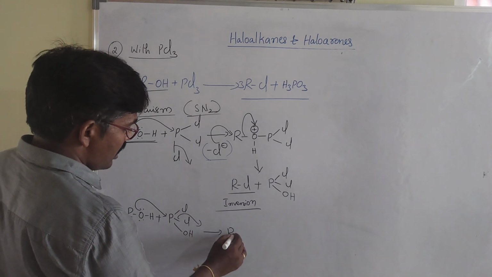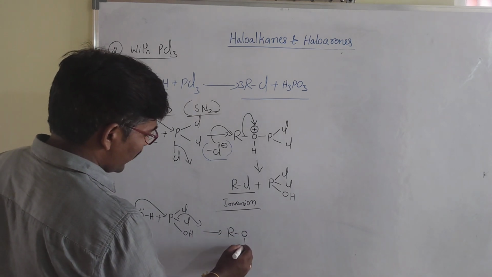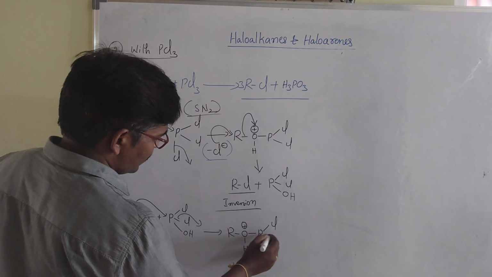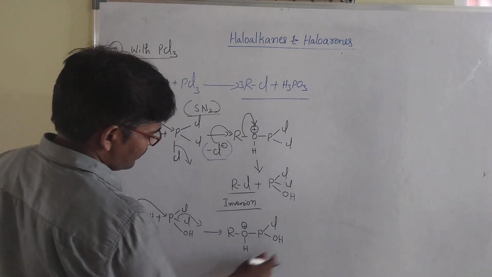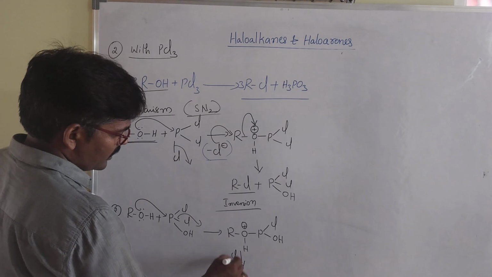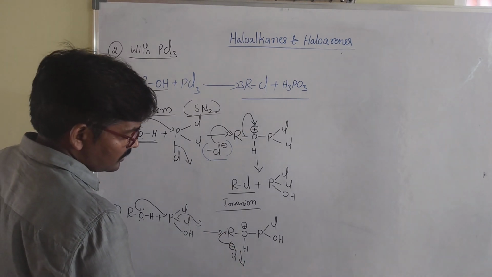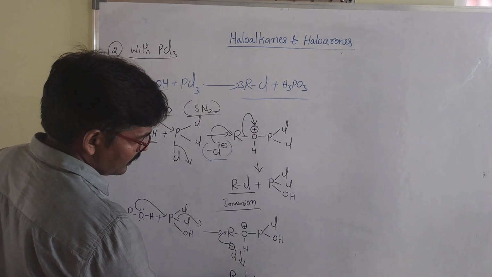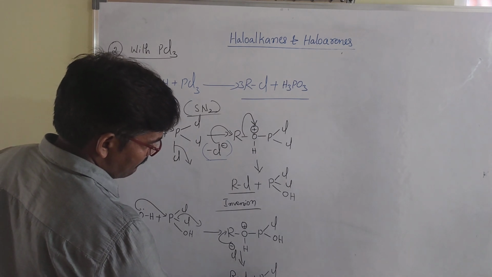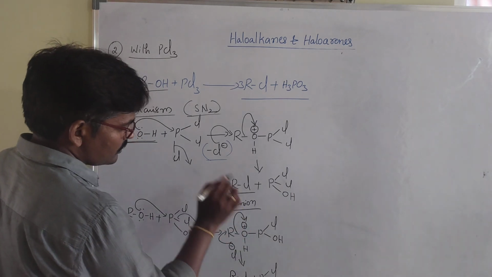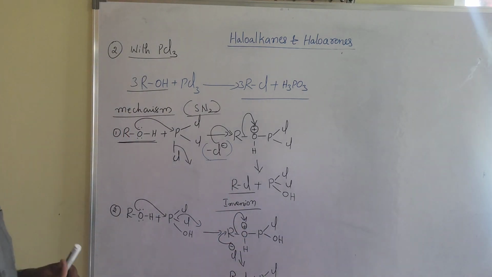Then R-OH plus, then phosphorus, chlorine is there, then OH is there. Again Cl minus, whatever escaped out, attacks on the back side. Then R-Cl will be formed plus P Cl OH, then OH. Yes, this will escape out. So 2 molecules we have seen.